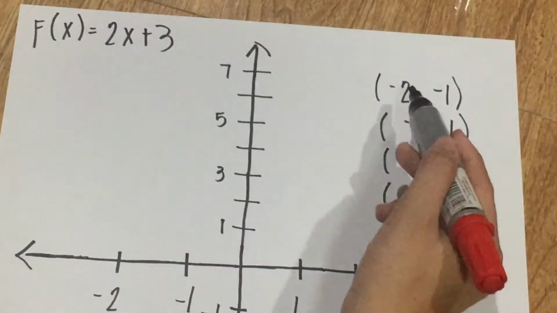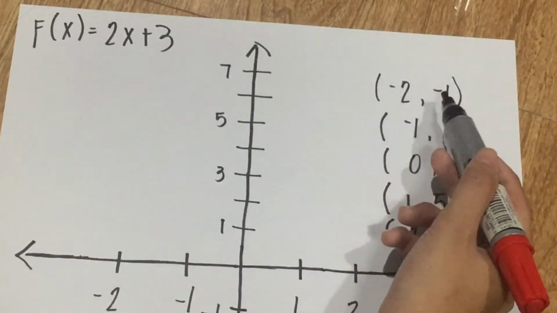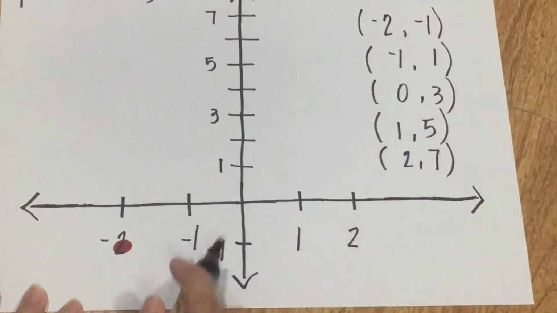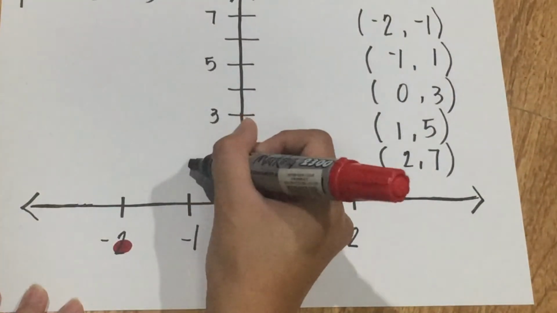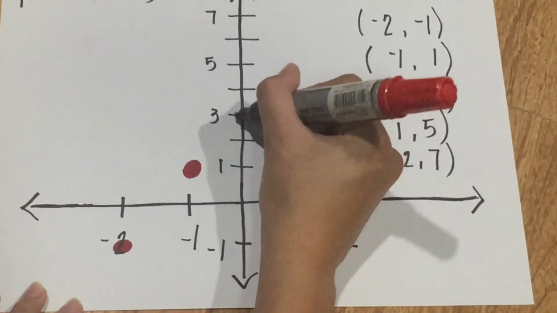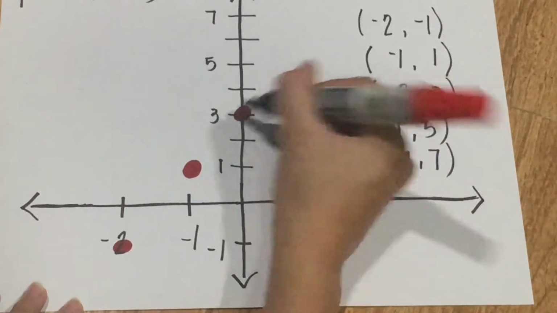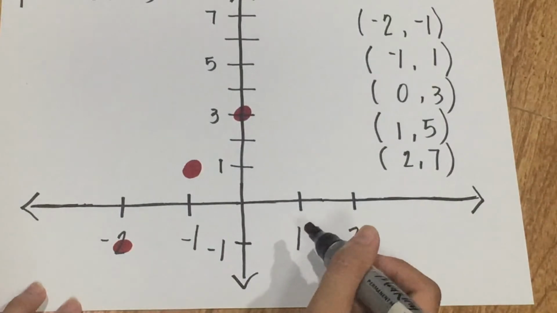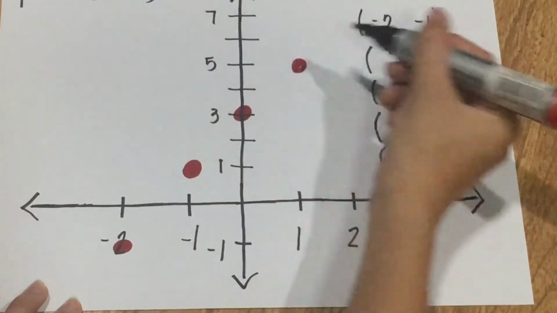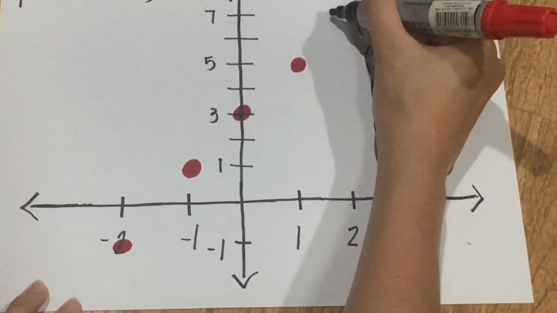So first is negative 2 and negative 1. So here, for negative 1 and 1, here. 0 and 3, 1 and 5 here, so 2 and 7 here.